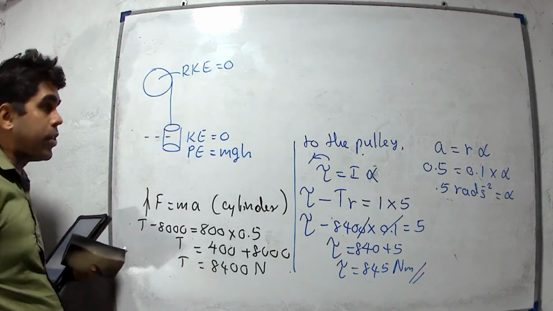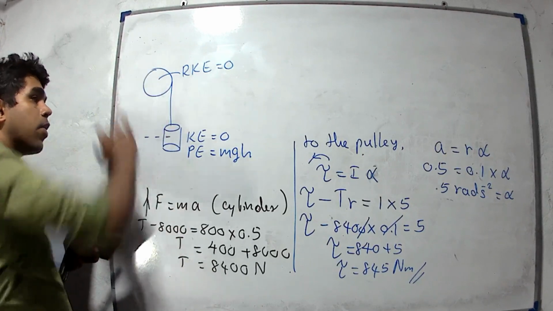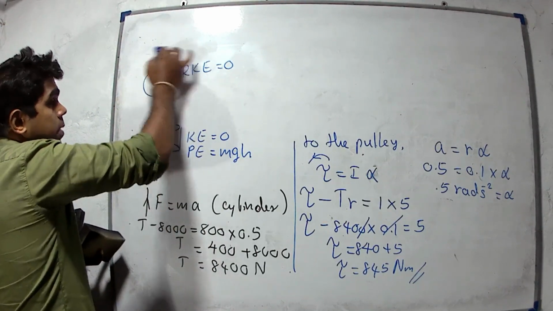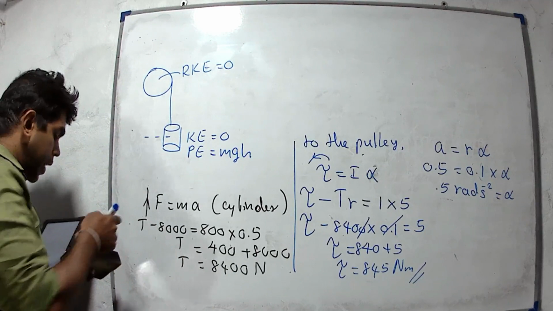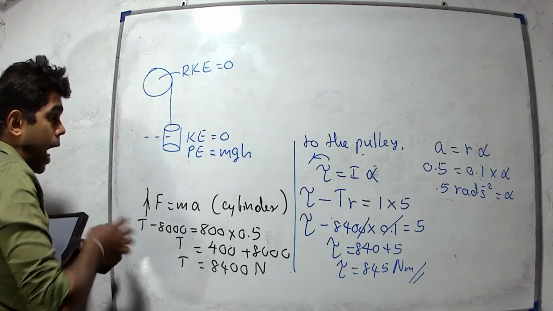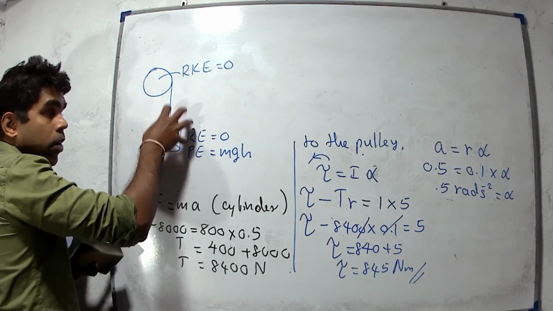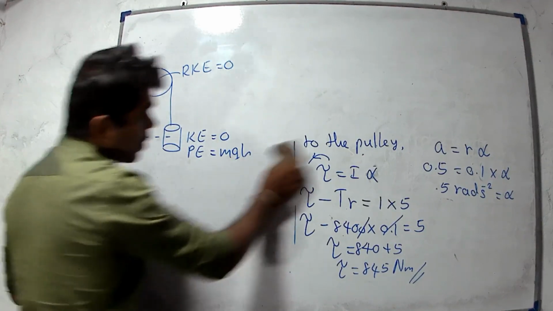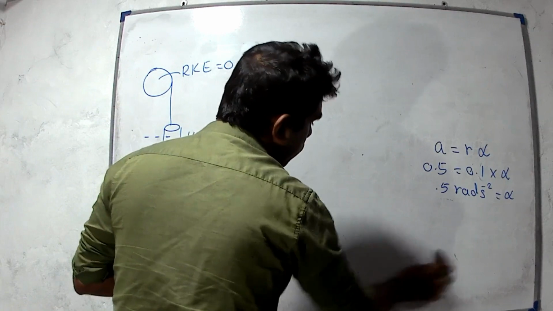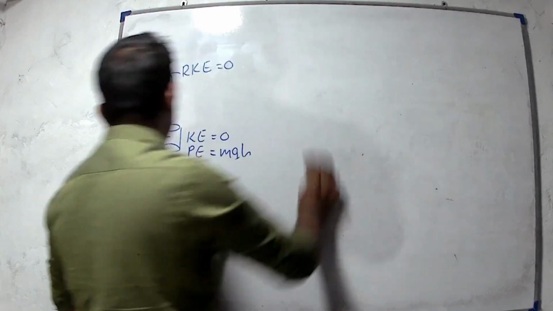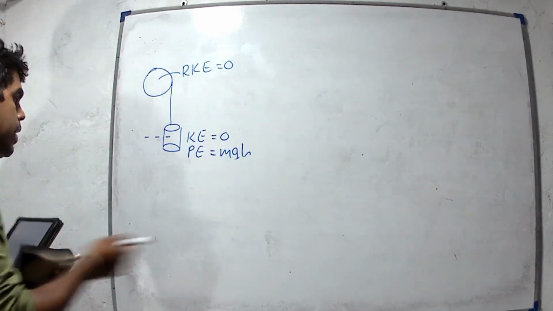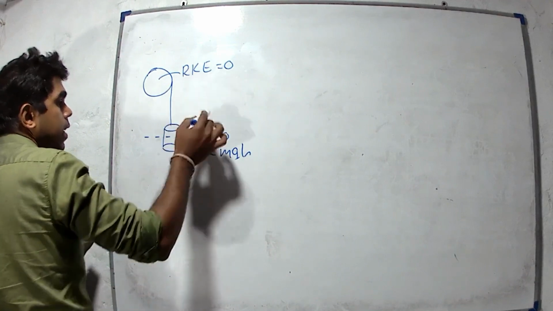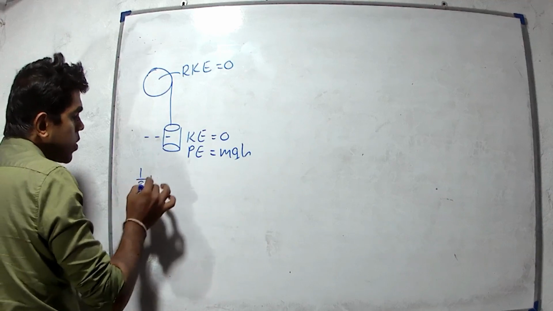When the cylinder is falling, the pulley is rotating. Therefore, there is an increase of rotational kinetic energy of the pulley, and the velocity of the cylinder also increases. Therefore, there is an increase of linear kinetic energy of the cylinder. We can write the linear kinetic energy increase as half mv squared.